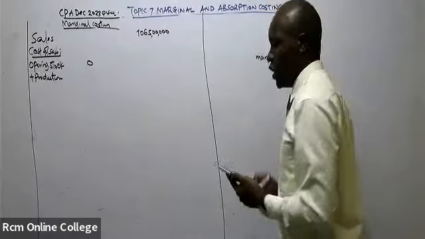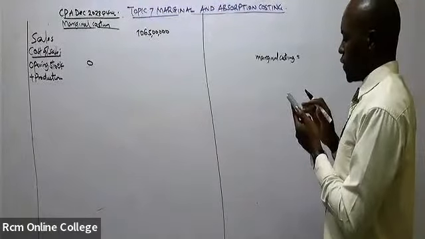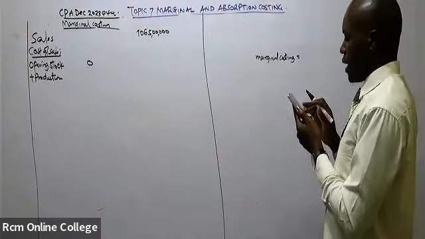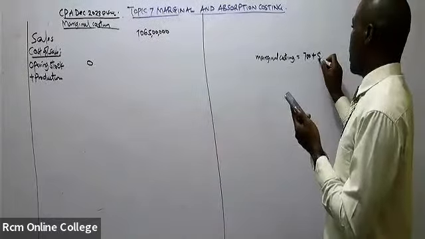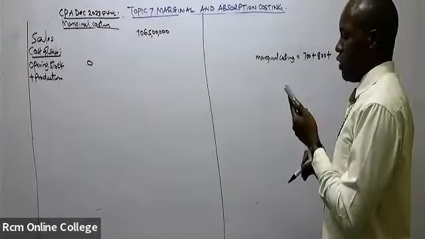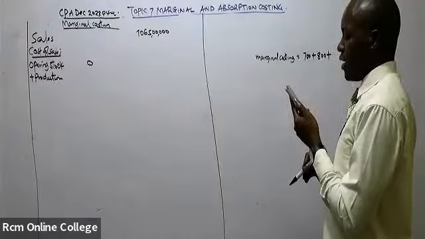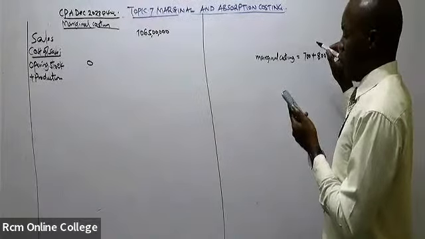So under marginal costing, we need direct material per unit, right? So 2 kgs at 350 per kg, we are talking about 700 direct material, plus direct labor 0.5 hours at 1,600, that is 800 shillings per unit. Then variable production overheads, we have 0.5 hours at 600, giving us 300 shillings per unit.